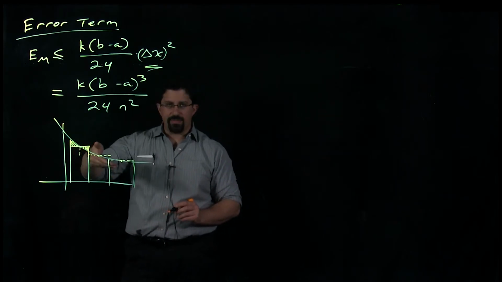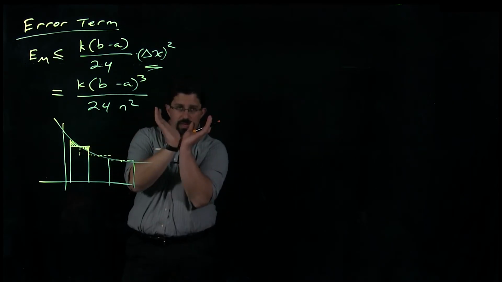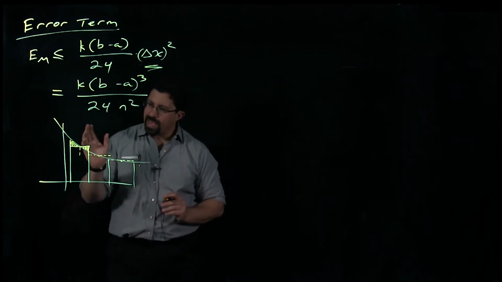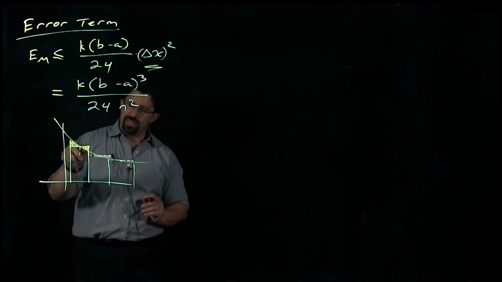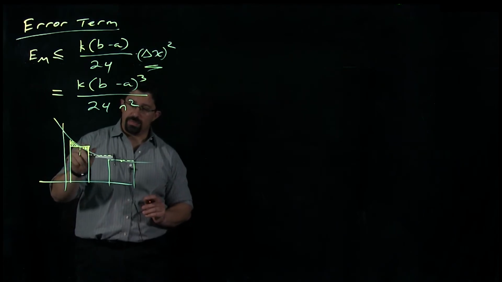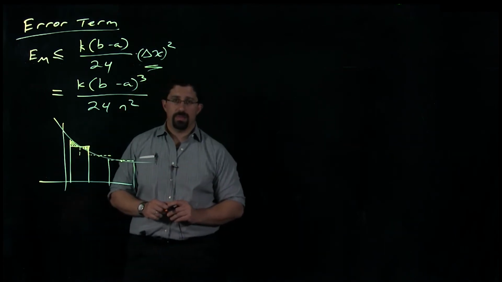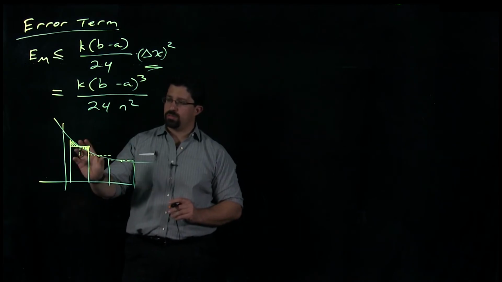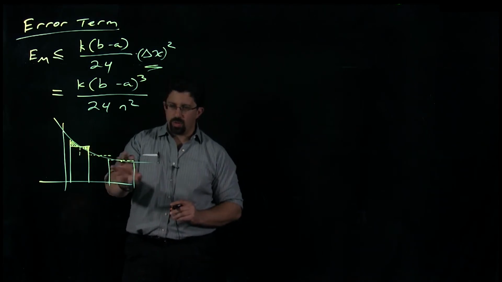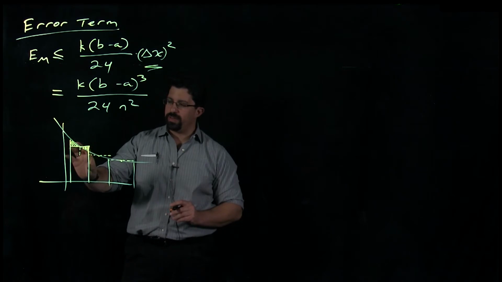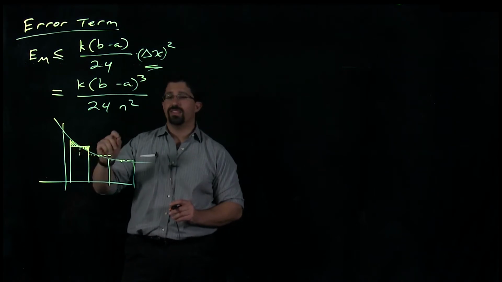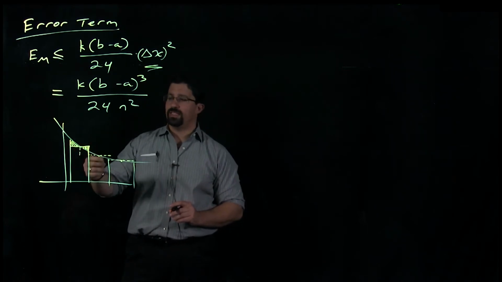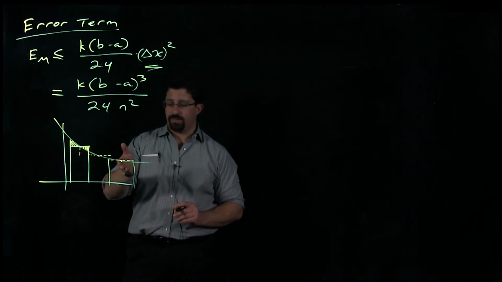Because of the concavity, because the function opens upwards, this bit over here needs to be bigger than that one over there. And so we're going to have an estimate which is a little bit below the value of the actual area under the graph.